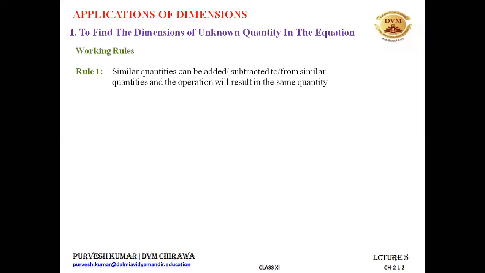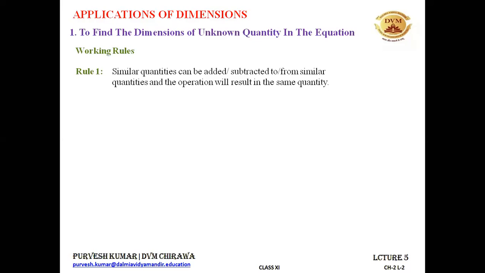You can add distance to distance. Is it possible to add distance to some velocity, or subtract velocity from some distance? You can only add or subtract similar quantities. If you add two velocities, the result will be velocity. If you add two forces, the result will be force. If you add two lengths, the result will be another length. If you subtract two velocities, obviously you will get some velocity.